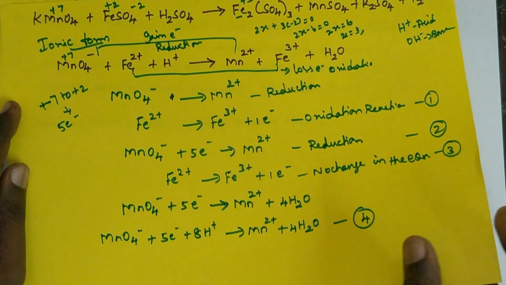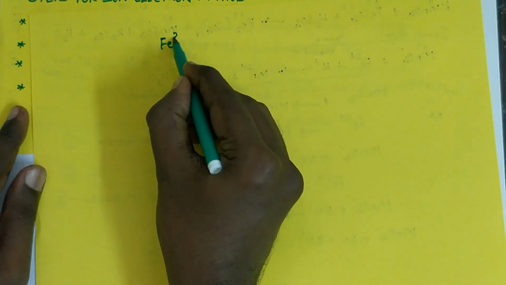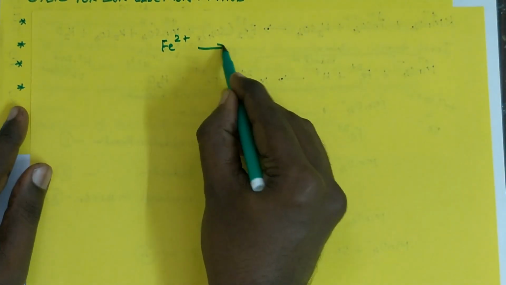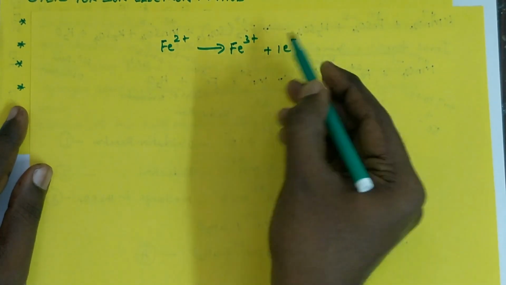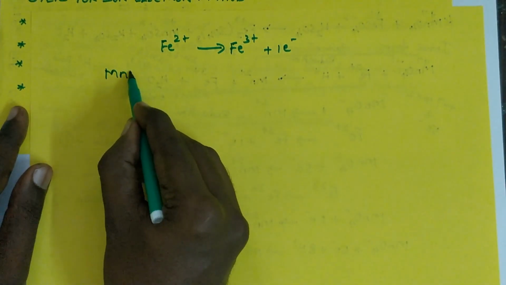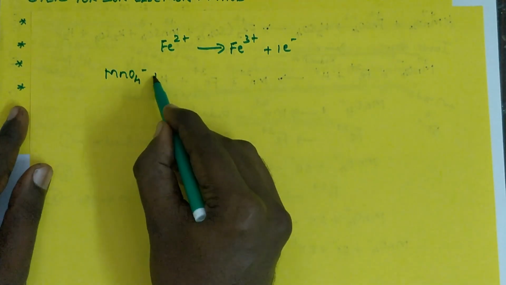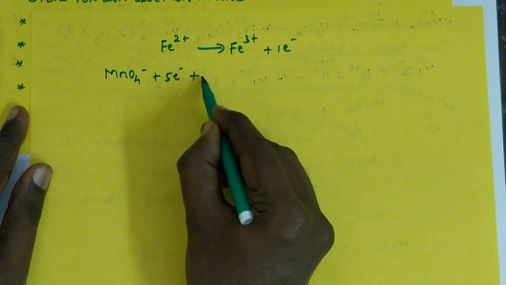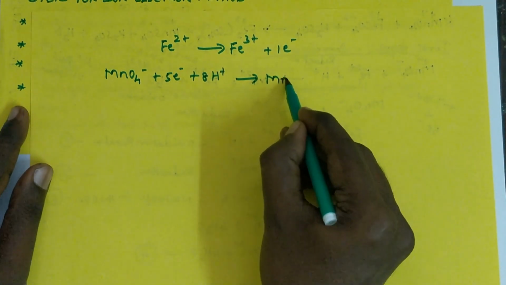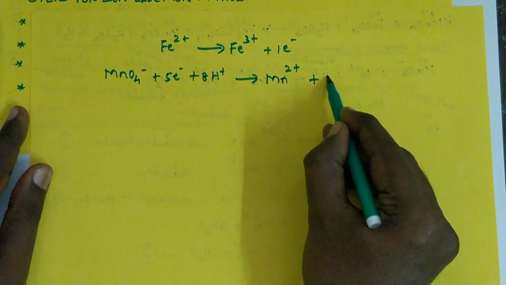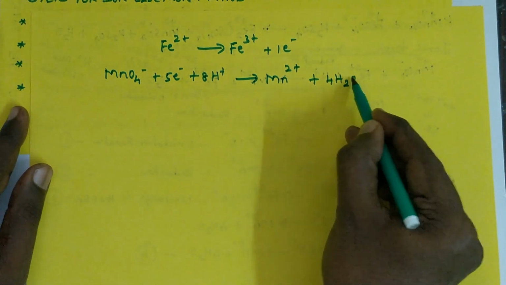So equation 3 is Fe2+ gives Fe3+ plus 1 electron. Equation 4 is MnO4- plus 5 electrons plus 8 H+ gives Mn2+ plus 4 H2O.